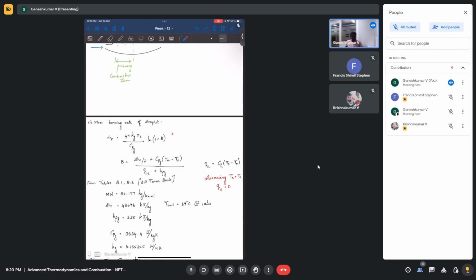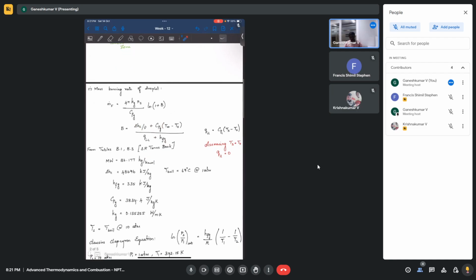This is the relation, already derived in the class. kg is the thermal conductivity of the gas phase, Cpg is the specific heat of the gas phase, and b is some factor which we need to find out, which is also given here. So we took these values, hc, Cpg, hfg, from the tables from Turns.